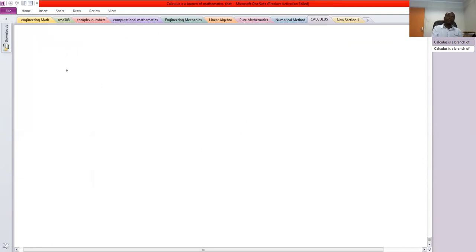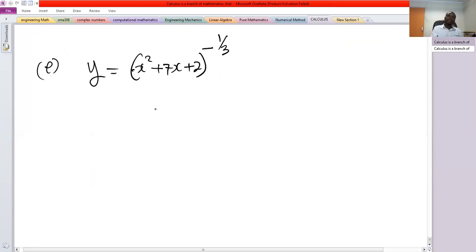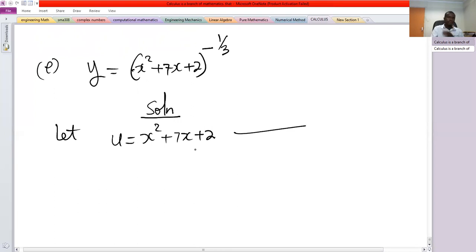Then the second last problem, y is x squared plus 7x plus 2 raised to minus a third. So you fix this to be u. So u is x squared plus 7x plus 2. Call this one equation 1.